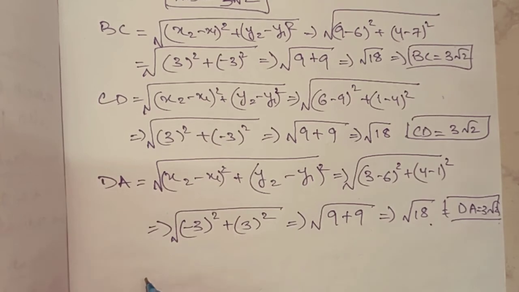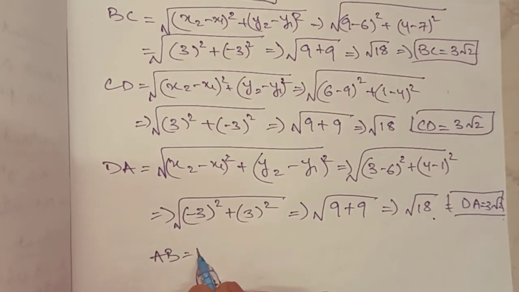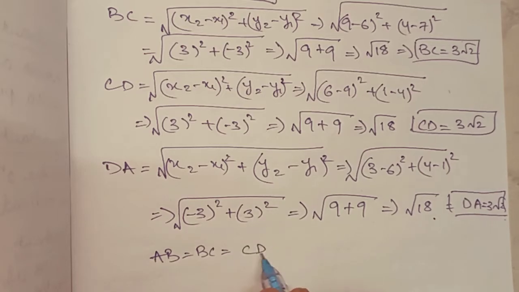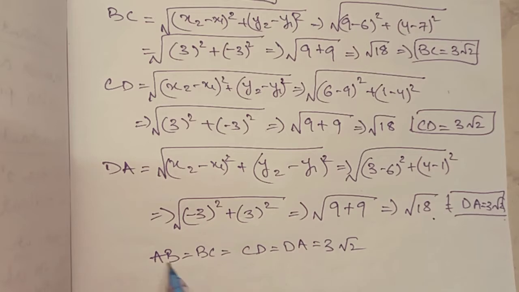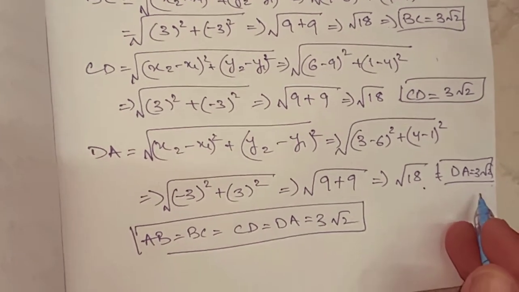Now if we equate the lengths, AB equals BC equals CD equals DA. All the values are 3 root 2.